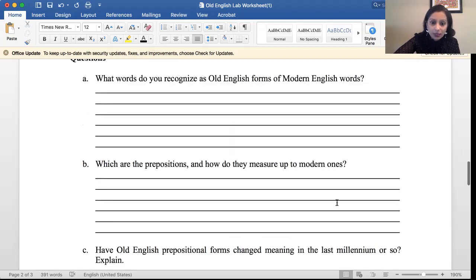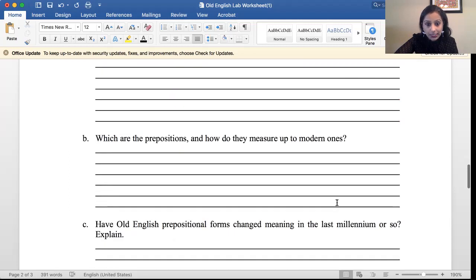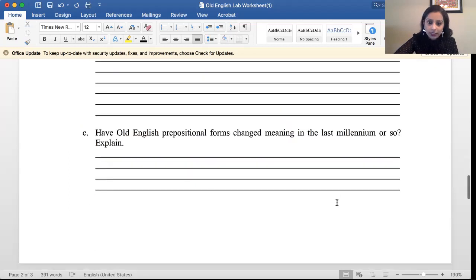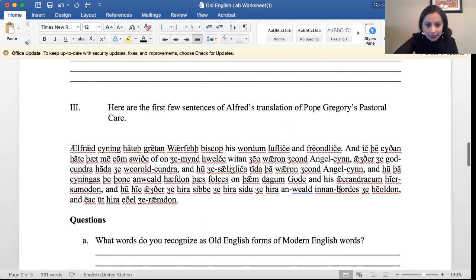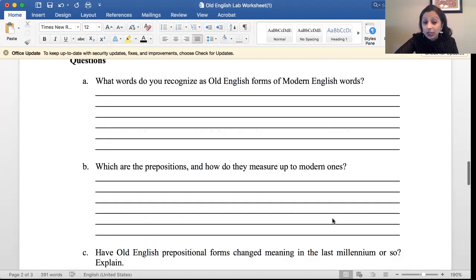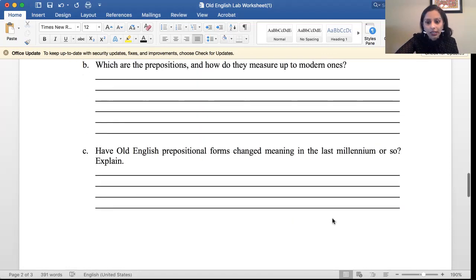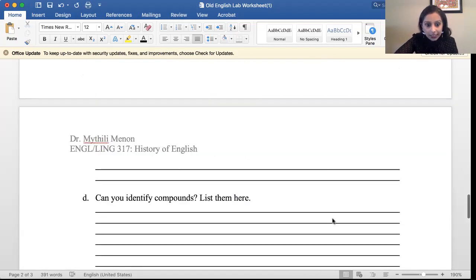Can you name some prepositions and how do they measure up to modern ones? How do you compare the prepositions of Old English to the prepositions of modern English? Have Old English prepositional forms changed meaning in the last millennium or so? Explain. So, for example, you would need to identify the prepositions here and see if there are any meaning changes that have happened from Old English to modern English.